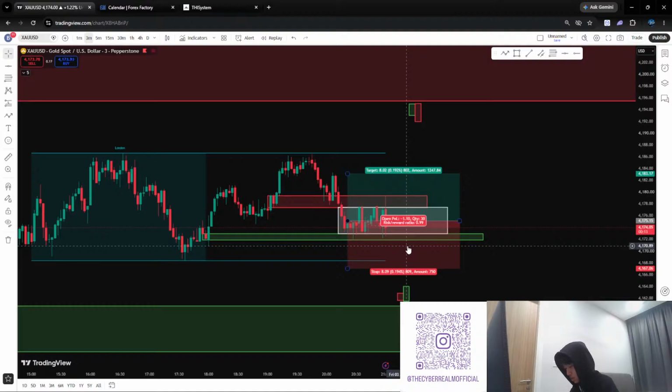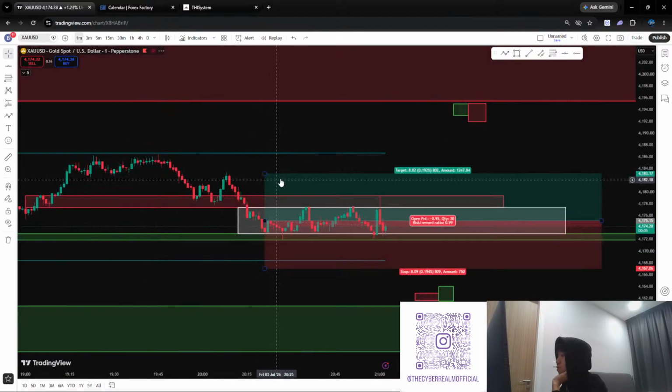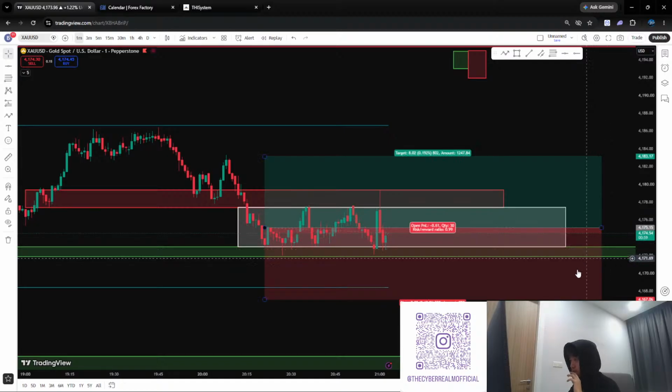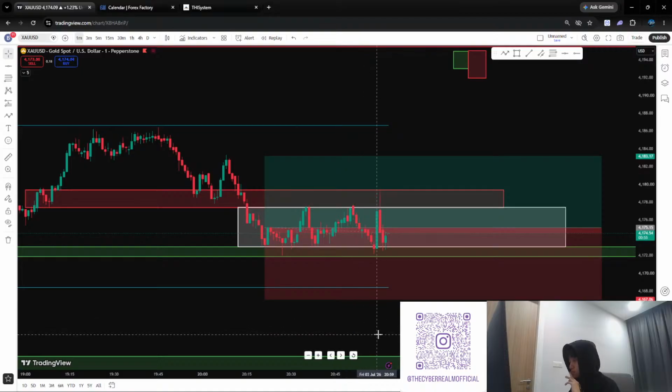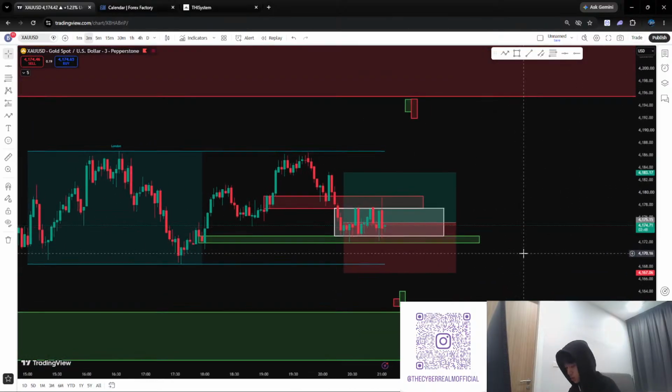Okay, let's see right here. There's also a rejection area on the M1 right now, so we will see how this trade will play out. Alright, still in the trade. We are not cutting anything yet. We are still here. Let's see.